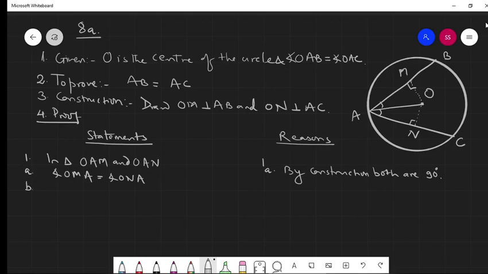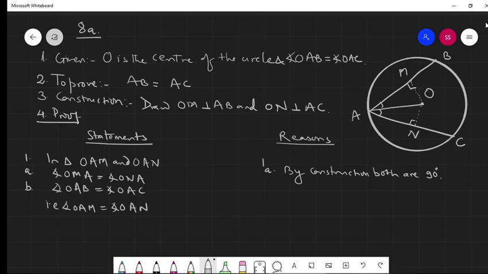And second, angle OAB equal to angle OAC, that means angle OAM equal to angle OAN.